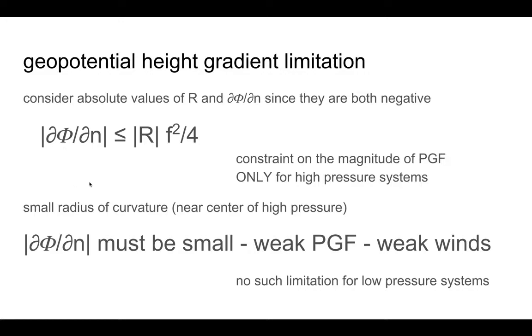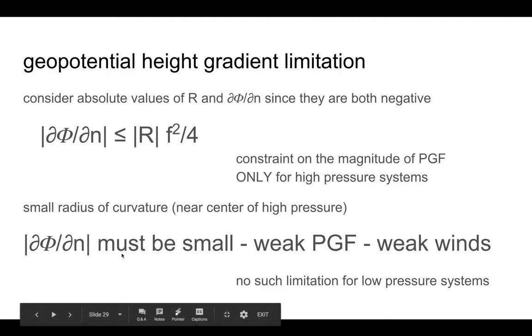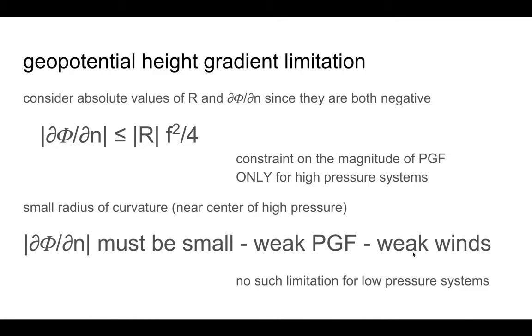So as we approach the center of curvature and we get to smaller and smaller radii, this d phi dn has to get very, very small. And that means that we should see a weak pressure gradient force and therefore weak wind speeds near the center of high pressure systems. And in fact, we do observe that.